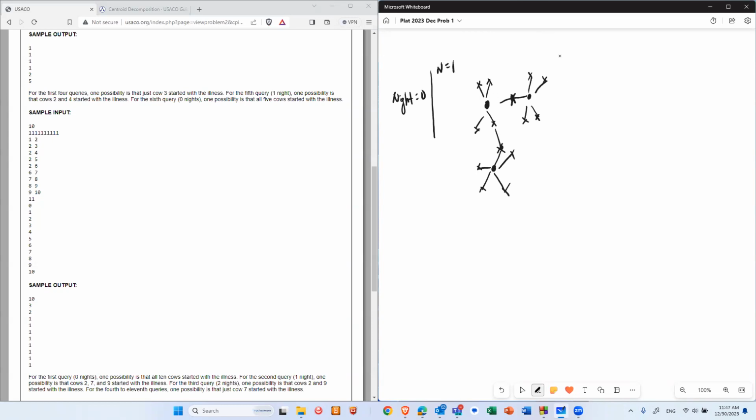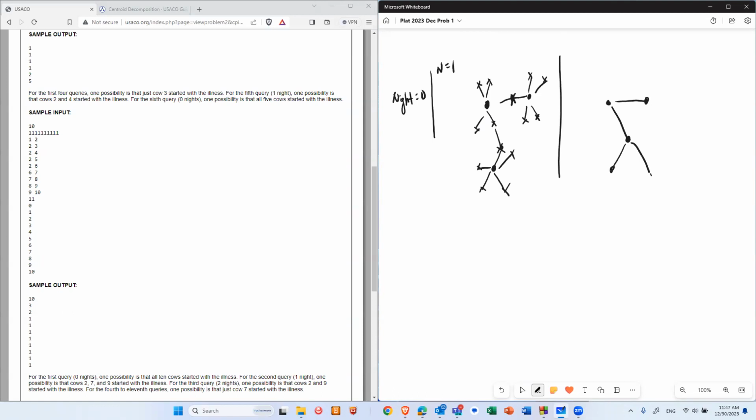What you are left with is a tree which is just the centroids. Okay, let me just make it more complicated.